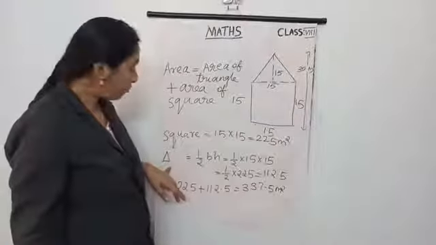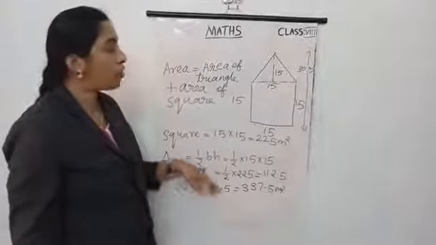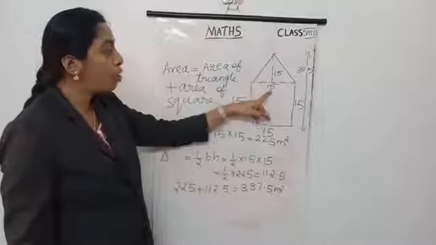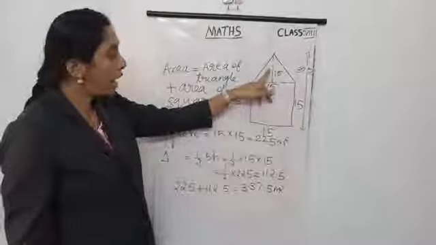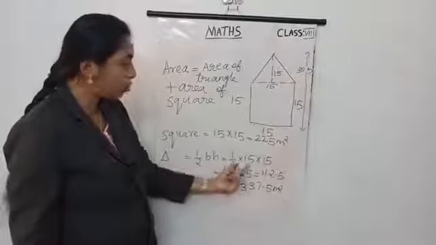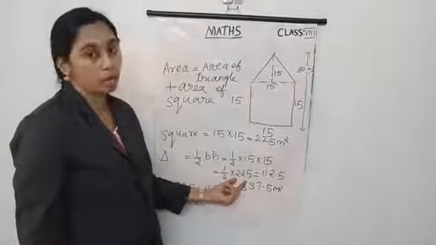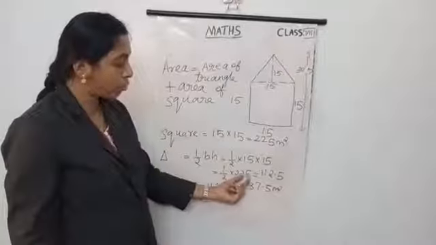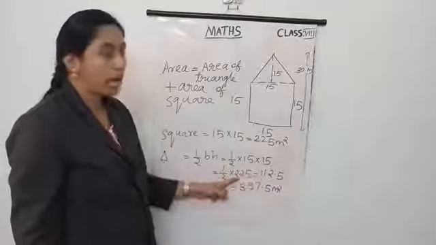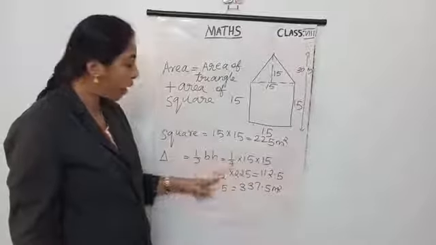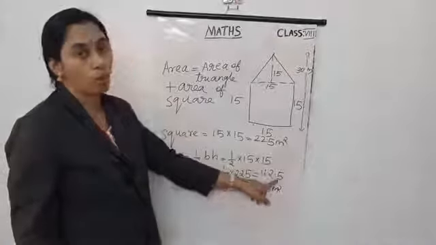Now area of a triangle is half BH. Half BH means half into B, 15, into height 15. That is half into 15 into 15. Now 15 into 15, 225. So half into 225 equal to, divide 225 by 2, we get 112.5.